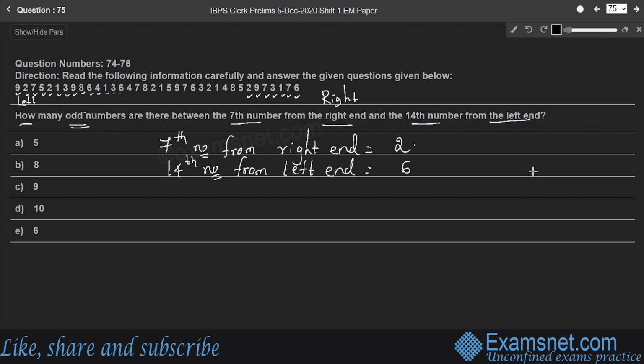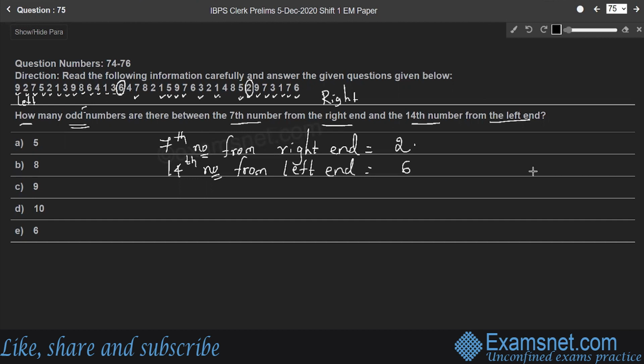So how many odd numbers are there between 6 and 2? Here 7 is an odd number, 1, 5, 9, 7, 3, 1 and 5.